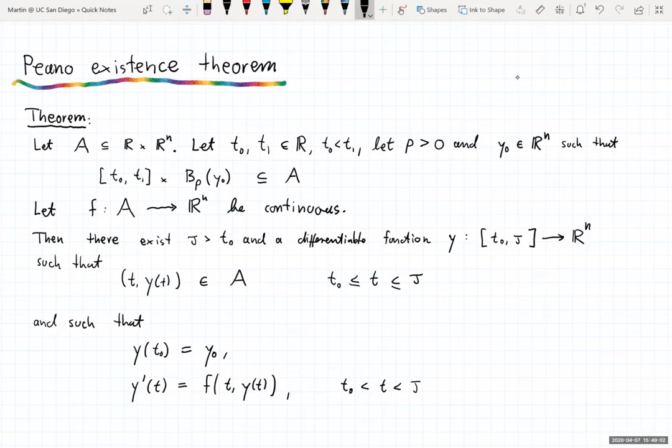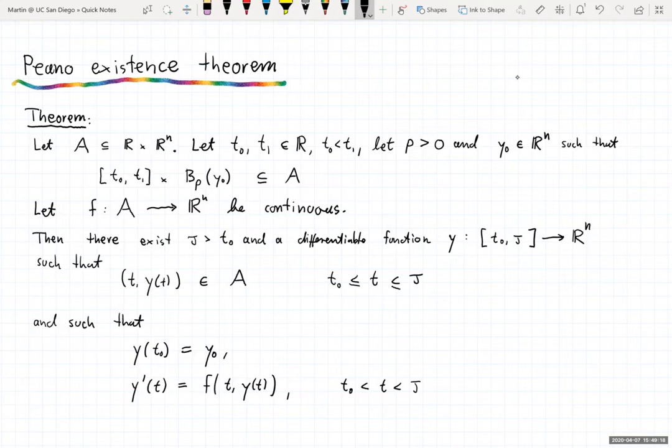And furthermore, let rho be a positive number and y0 be some vector in R to the n, such that the following property is satisfied, namely the interval from t0 to t1 times the ball around y0 of radius rho is contained in the set A.